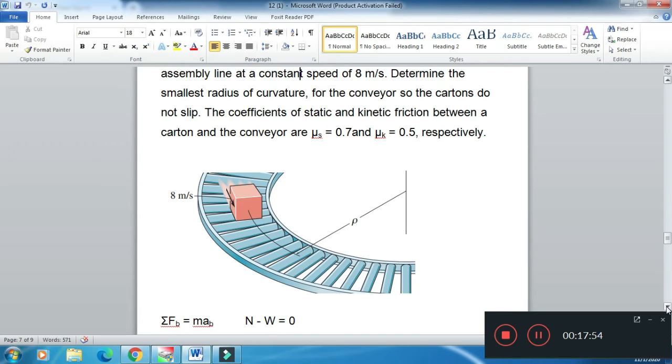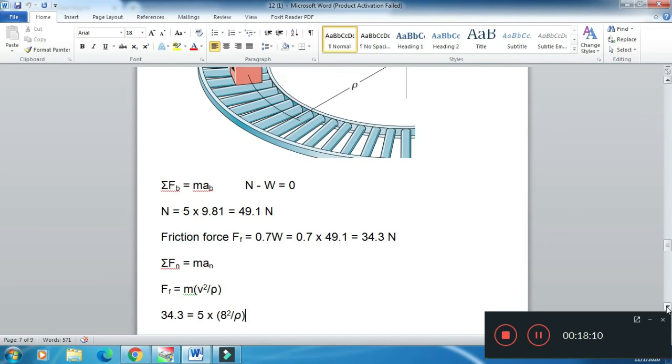The coefficient of static friction applies when the object starts moving, and once the motion has started the coefficient is the kinetic one, 0.5. So we assume 0.7 for safety, considering a higher friction force. The higher coefficient of friction gives a value of 34.3.